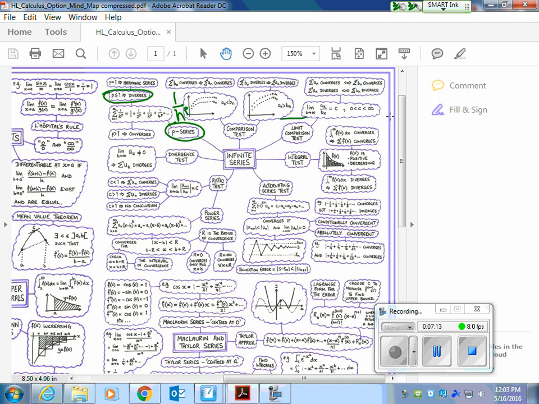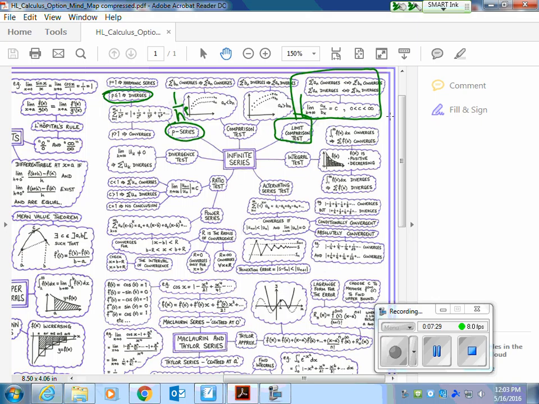Another exception is the limit comparison test. They'll tell you to use the limit comparison test. Take 2 series, one that you know about, one you don't. Let's say one of them converges, and you know that.